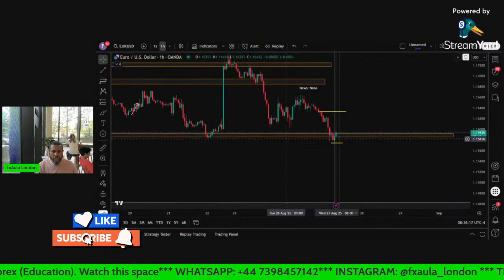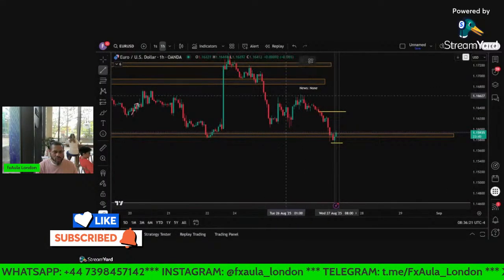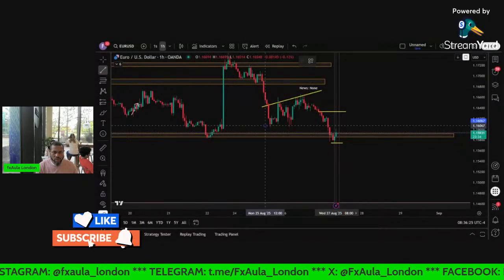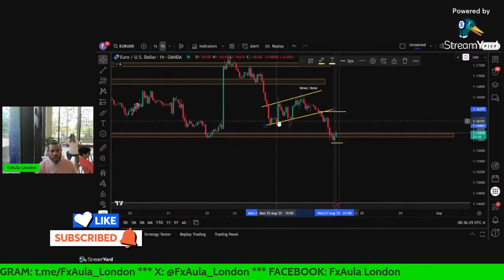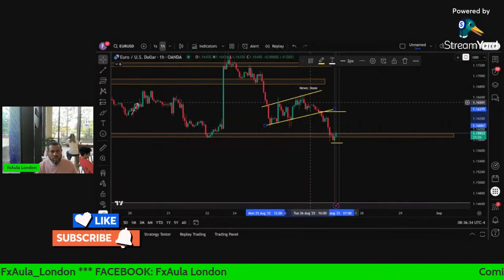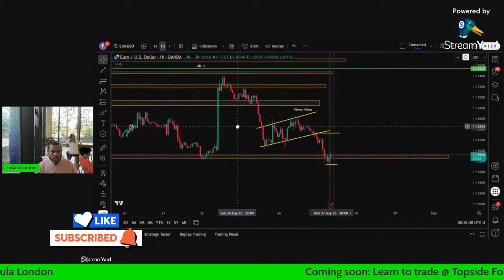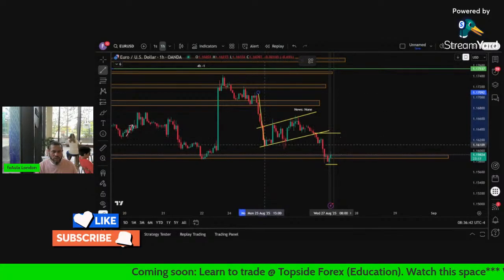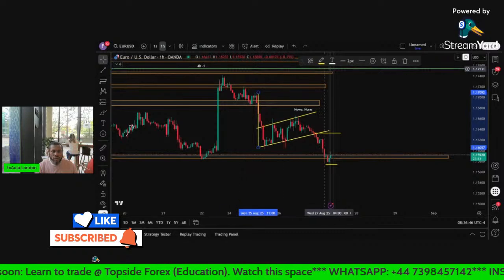I'm also looking for patterns. Let me see, was this a pattern? Oh, this is a kind of continuation pattern for shorts. Price has broken out. We may actually have a continuation if this pattern continues to hold.